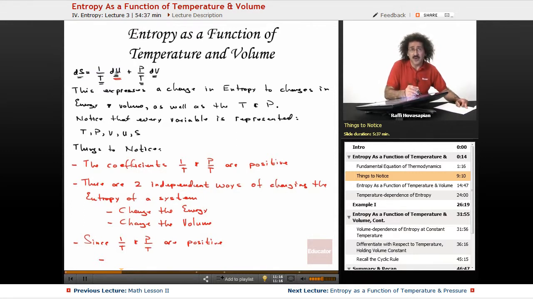If I raise the energy of the system, the entropy of the system is raised. If I hold the energy constant, and if I raise the volume of the system, this is positive and this is positive, that means the entropy goes up.